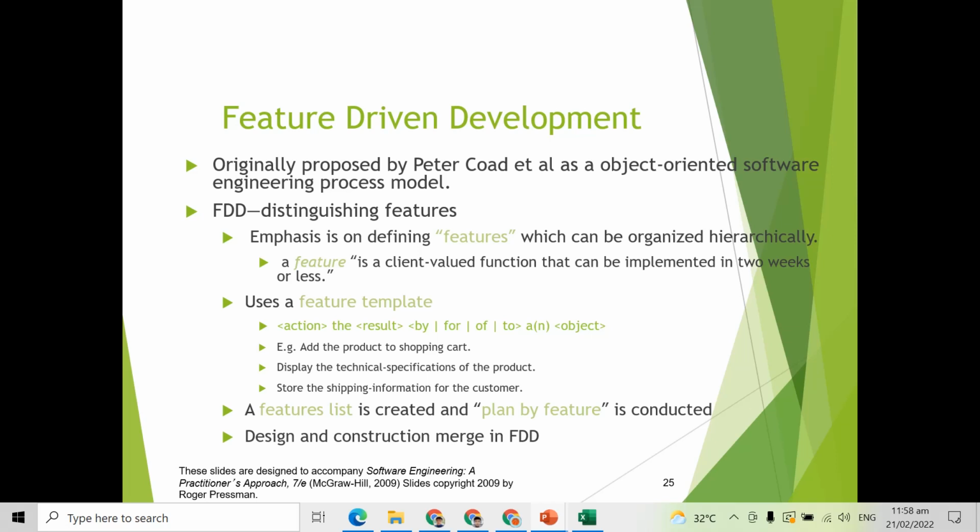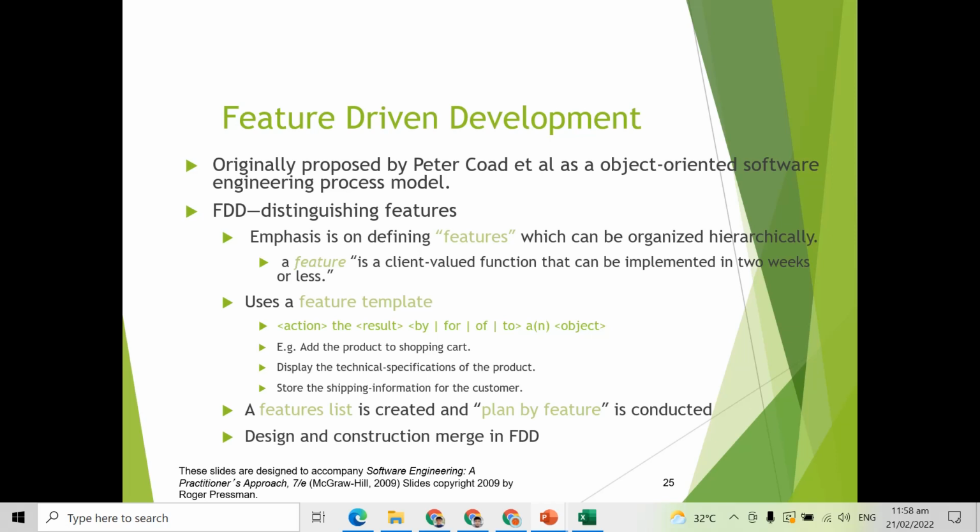Then we have feature-driven development, originally proposed by Peter Coad et al. as an object-oriented software engineering process model. FDD's distinguishing features: emphasis is on defining features, which can be organized hierarchically. A feature is a client-valued function that can be implemented in 2 weeks or less. Use a feature template, where we have the action, result, by, for, and so on.